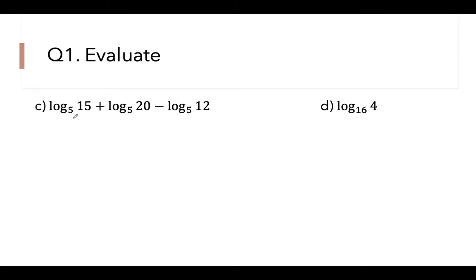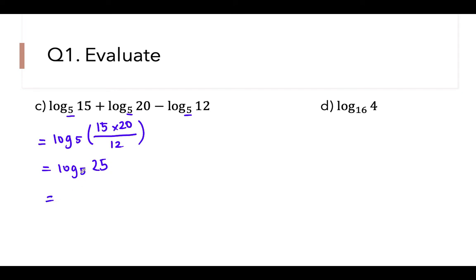Notice that they are the same base, which is great. We can apply the logarithmic law, and we have addition and subtraction. So log base 5 of 15 times 20, divided by 12. When we simplify, it's going to be 25.